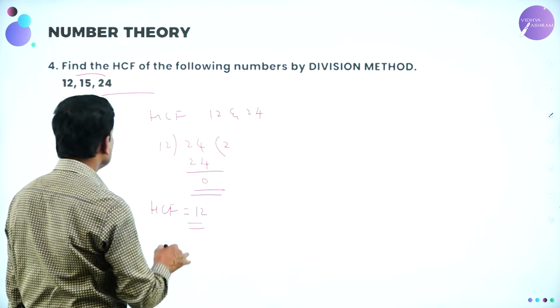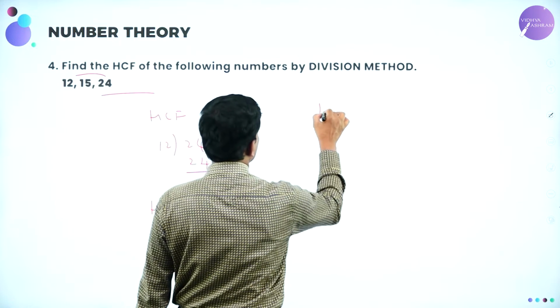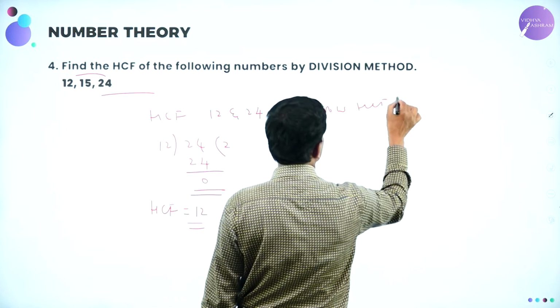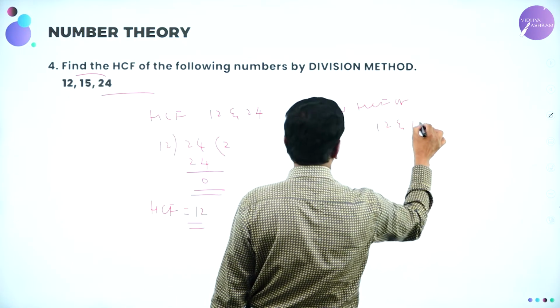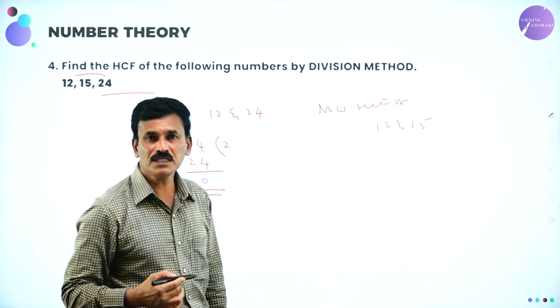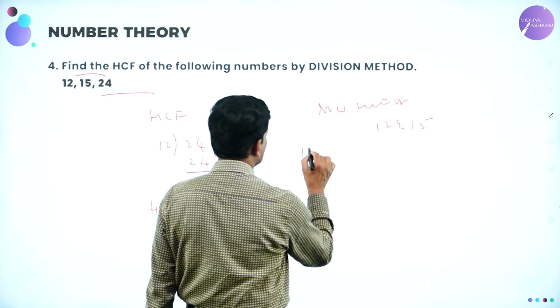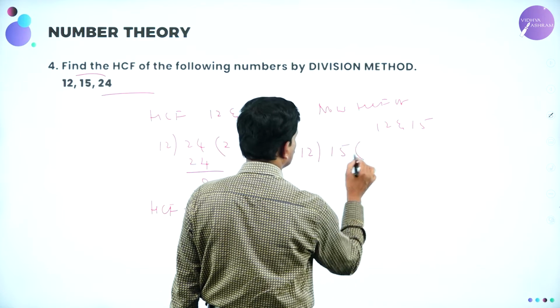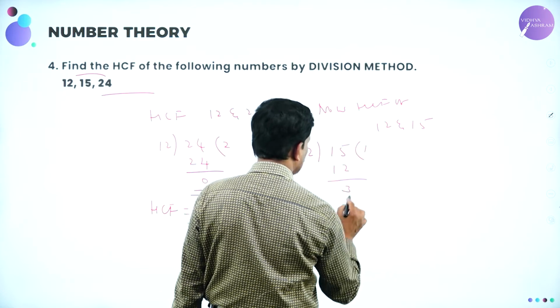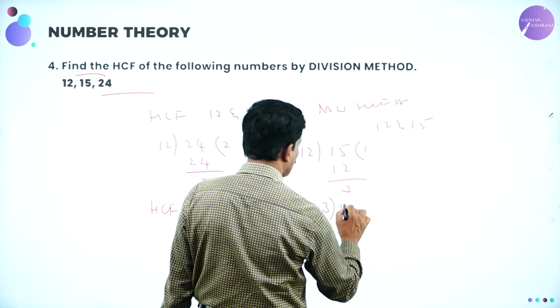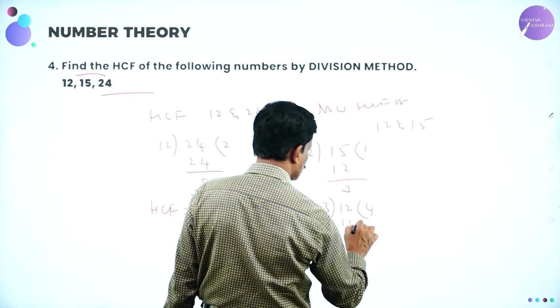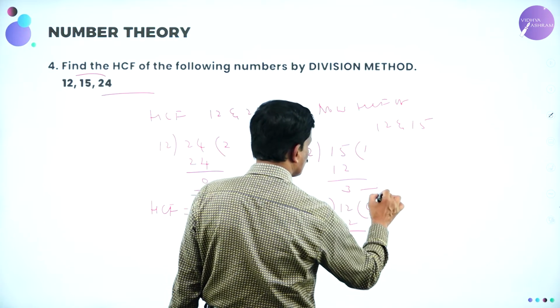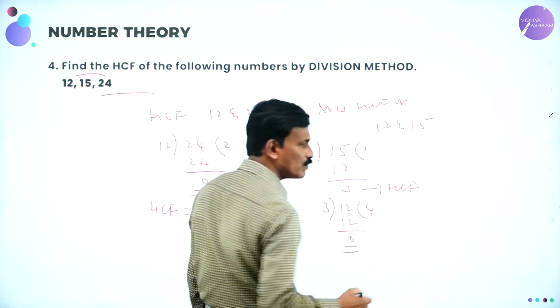Now find the HCF of 12 and 15. Divide 15 by 12. 12 ones are 12, 3 is the remainder. Again divide 12 by 3. 3 4s are 12, 0 is the remainder. The last non-zero remainder is 3.